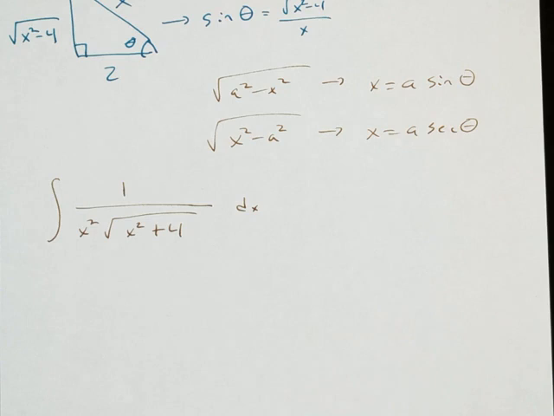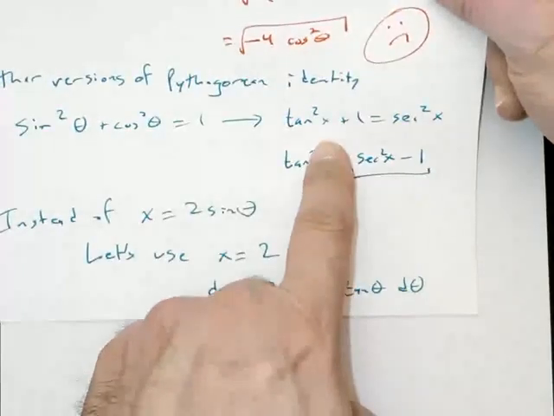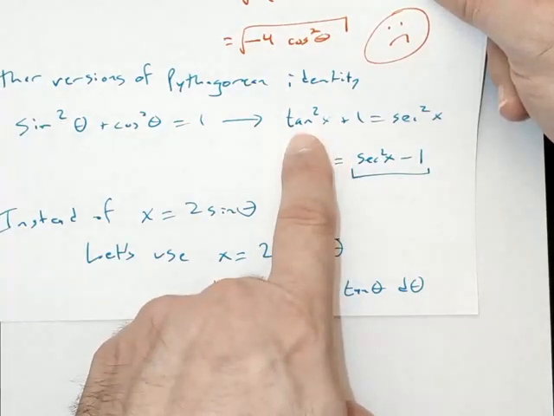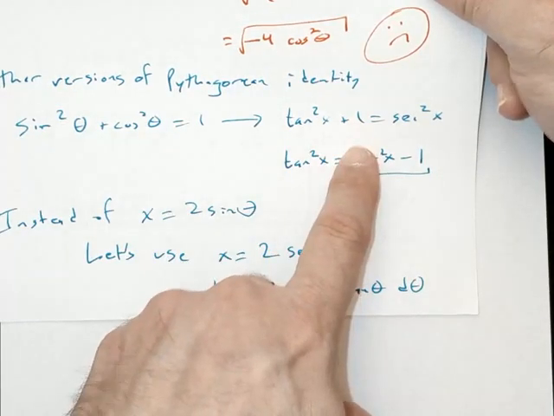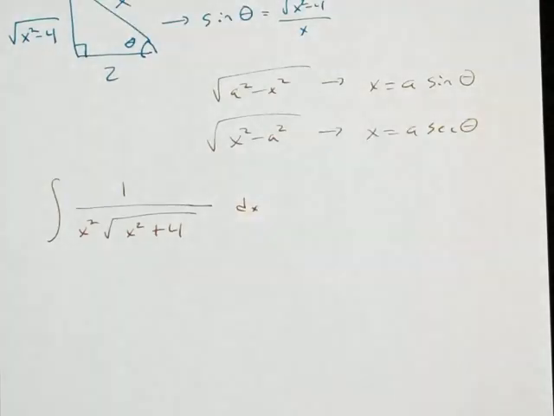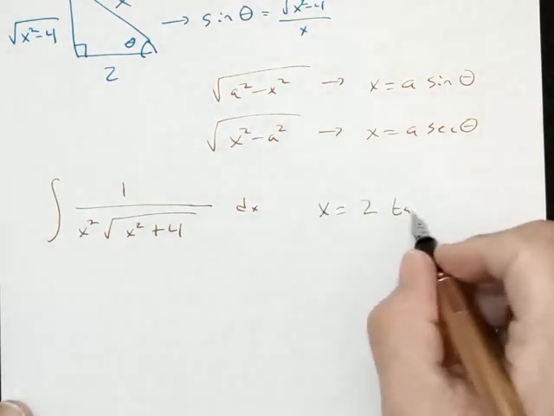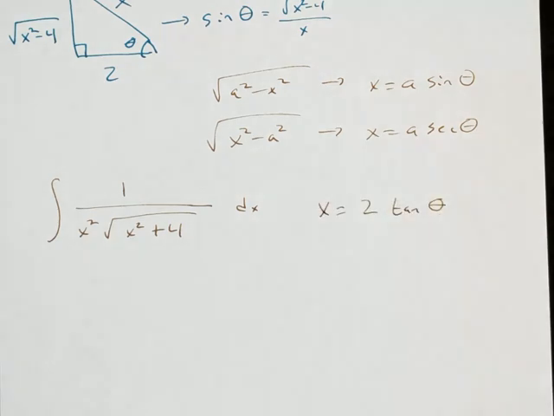I'm going to be much happier because I'm adding, and I already saw a trig version with addition in it right here. Only it's the other way around now. The tangent is what's being added, right? So if I've got the x being added, I want the x to be the tangent. So if I'm doing this problem, I'm going to want x to be 2 tangent theta. And the easiest way for me to remember this one is because it's a plus sign, looks like a t anyway.